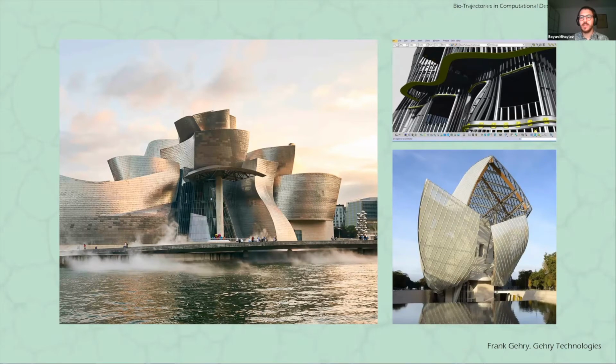And sometimes it was the architecture offices themselves who pushed the boundaries of CAD software even further by developing their own software to serve their design needs. For instance, a good example is Gehry Technologies, which was founded by Frank Gehry for some of his architectural projects.